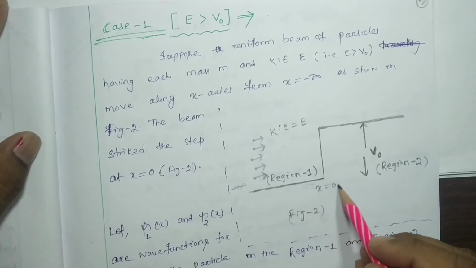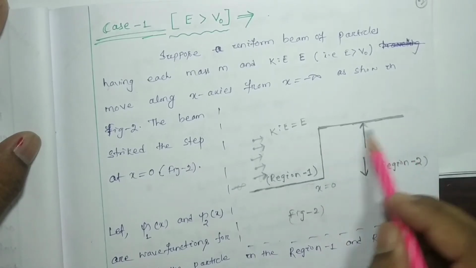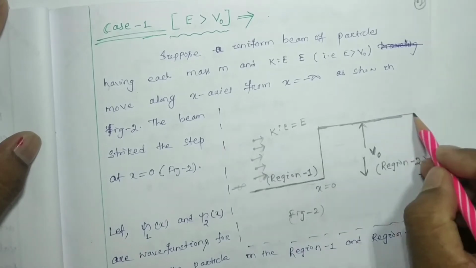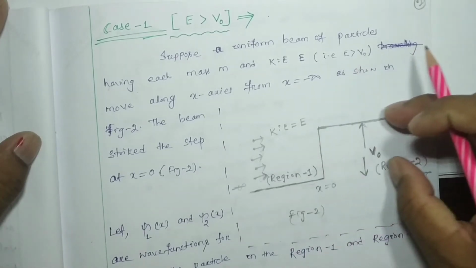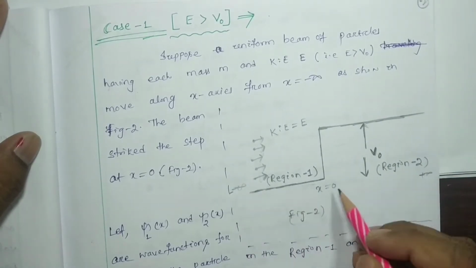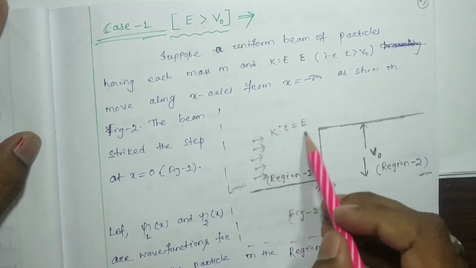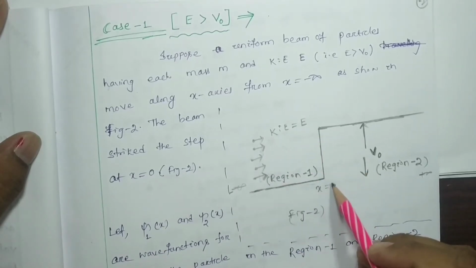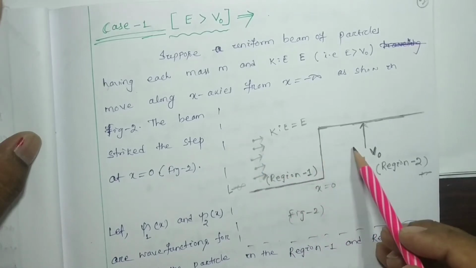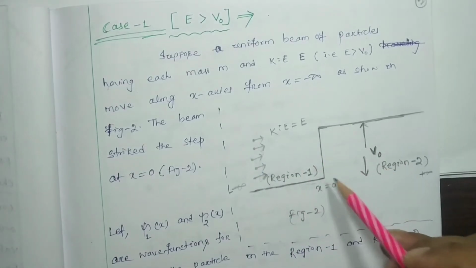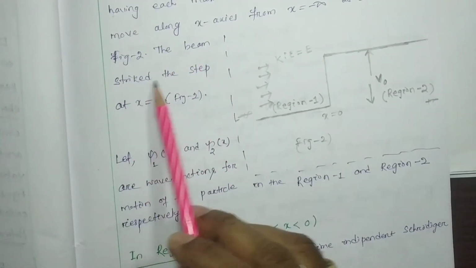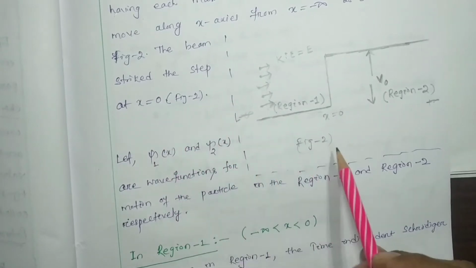From x equal to 0 this potential step extends up to plus infinity. From minus infinity to x equal to 0 the kinetic energy is E, and at exactly x equal to 0 the beam strikes the step, which is represented in figure 2.